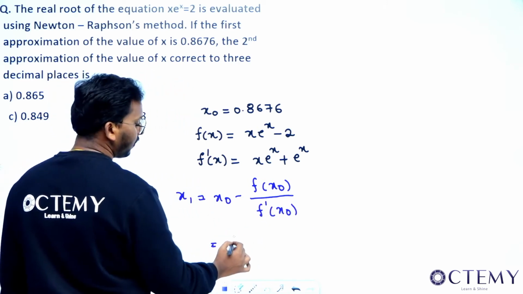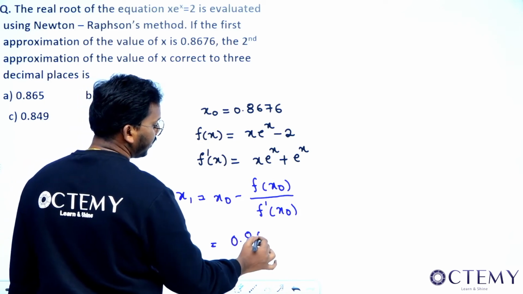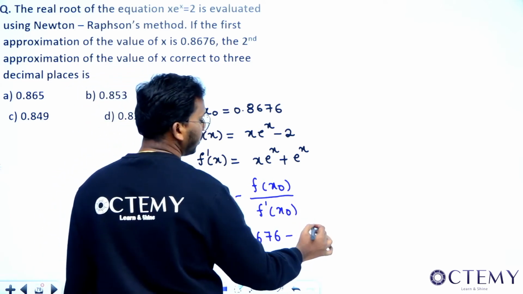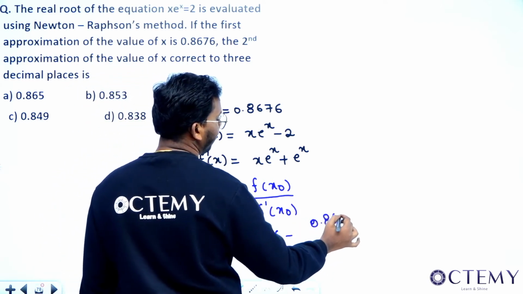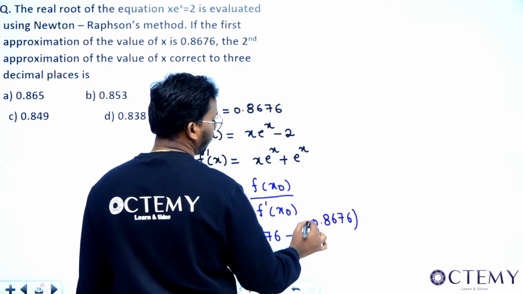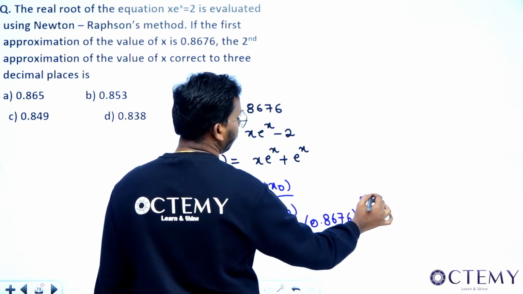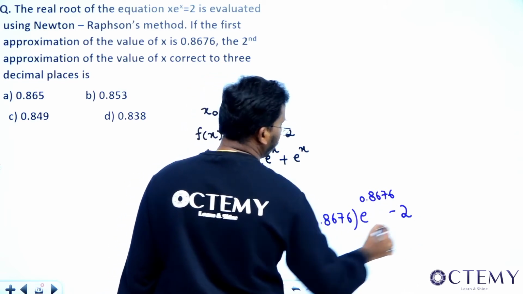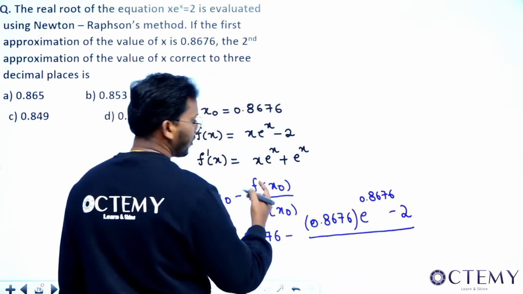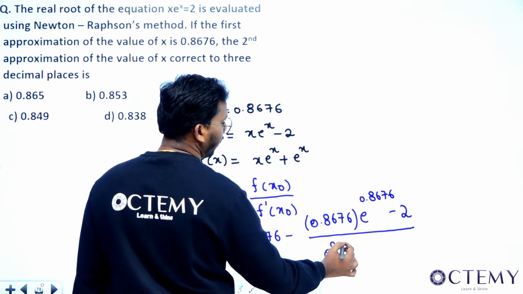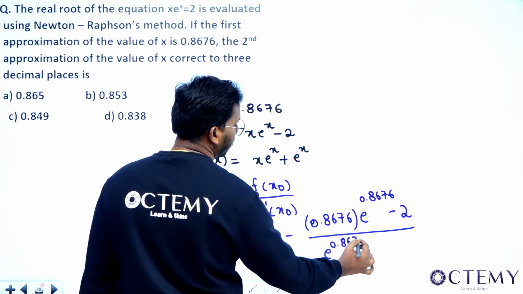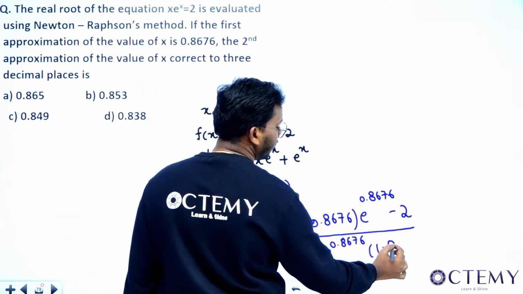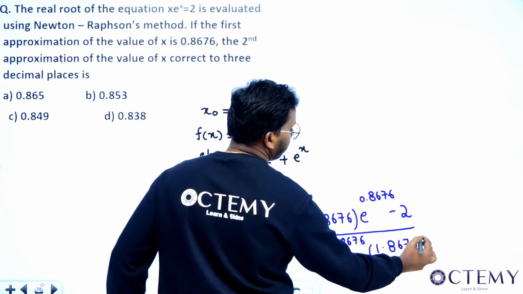So what will that become? What is x naught? 0.8676 minus, in f of x you put this, 0.8676 into e power 0.8676 minus 2, whole divided by 0.8676 into, if you take this e power x common, 1.8676, e power 0.8676.